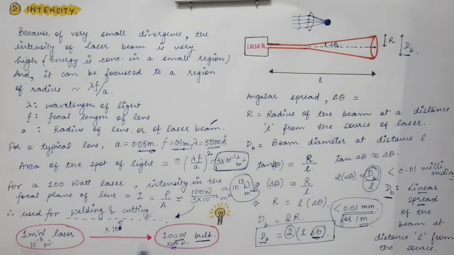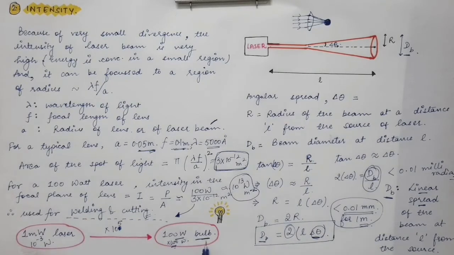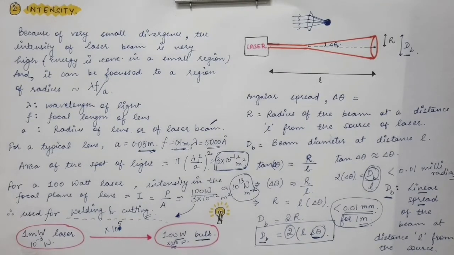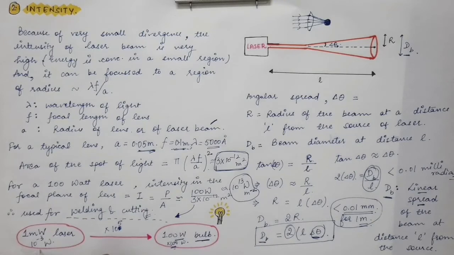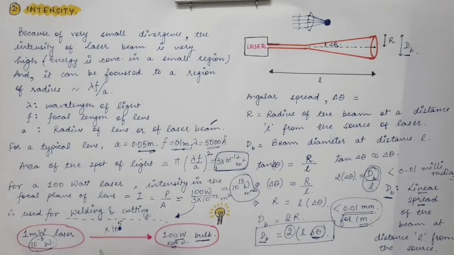And when you compare these two devices, if you compare the intensity of this laser and that of this bulb, you will see that the intensity of this laser is 1000 times the intensity of this bulb.